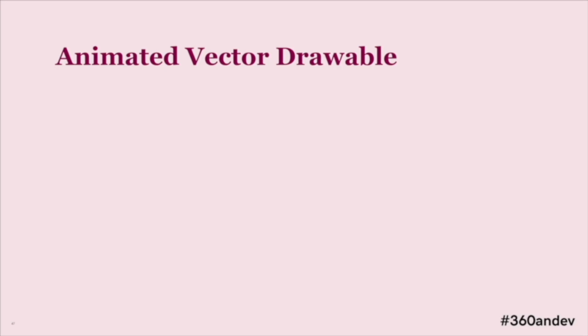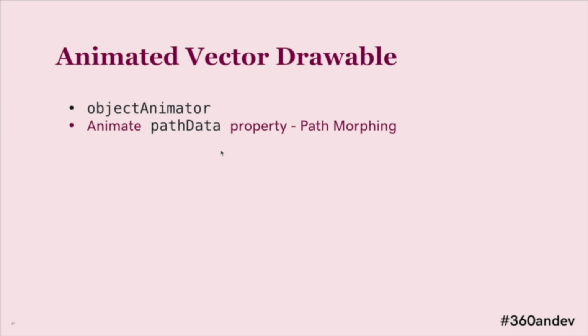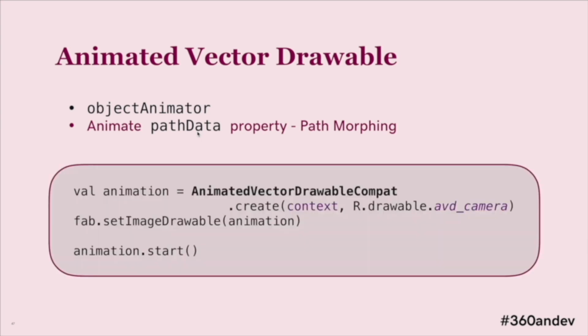An animated vector drawable is basically an object animator, and we animate the pathData property of a shape using an object animator. We can use AnimatedVectorDrawableCompat to make it work below API 21, I think it is, yeah. So we create an Android vector drawable and export it into this XML format, or we can also start writing this animated vector drawable directly in XML.